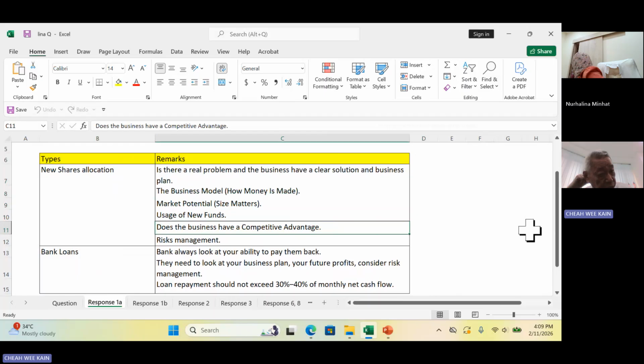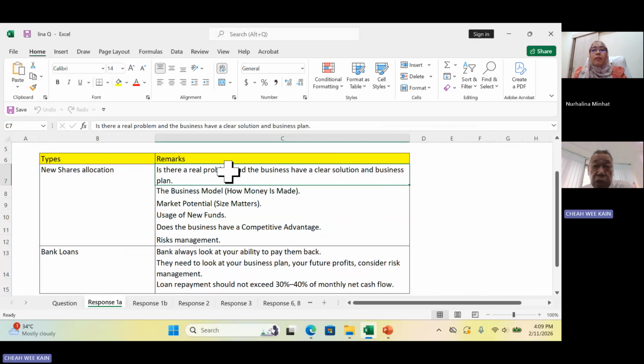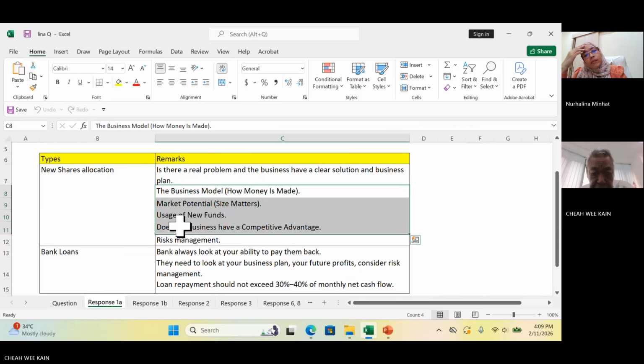So let's say, for example, maybe you want to open another clinic. So you're going for new shares allocation. Is there a problem? Maybe the problem is you want to diversify or something like that. You have a clear solution, and then you have a business plan, and this is what they're going to look at.